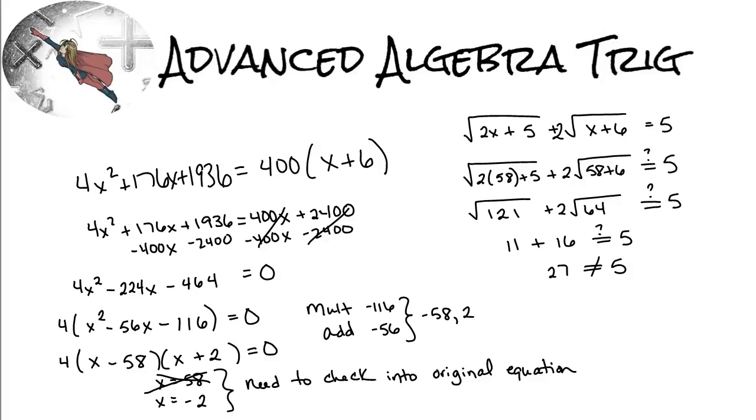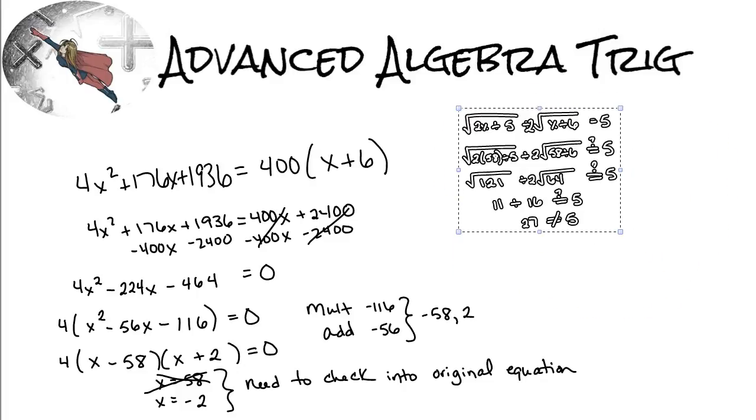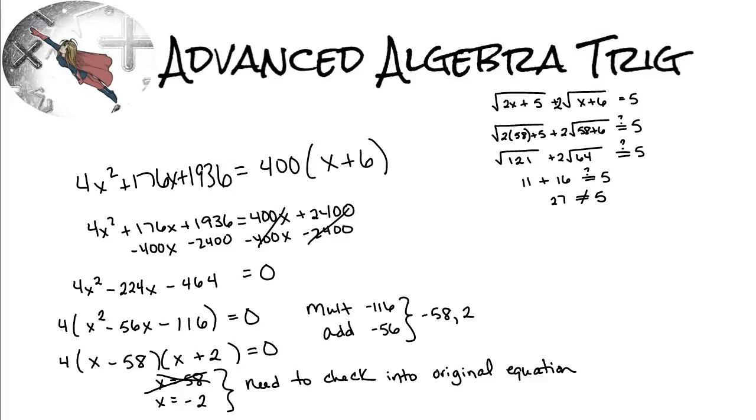All right, now let's try the same thing by plugging in -2 and see what we get. Okay, so I'll do the square root of 2 times -2 plus 5 plus 2 times the square root of -2 plus 6, and we'll see if that equals 5.